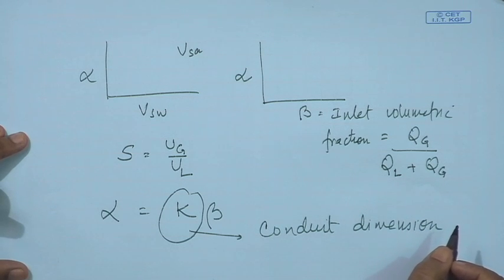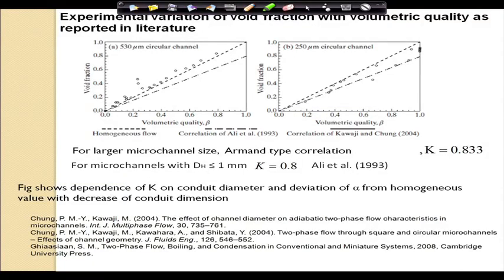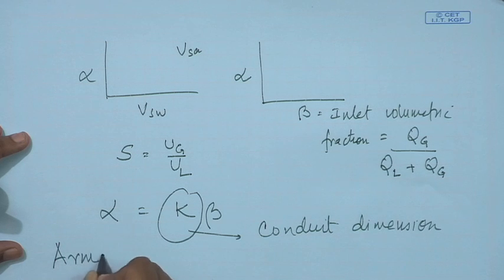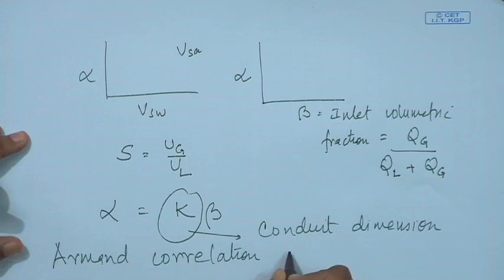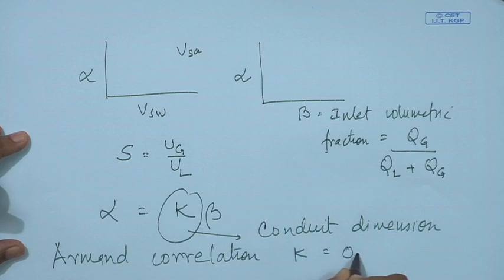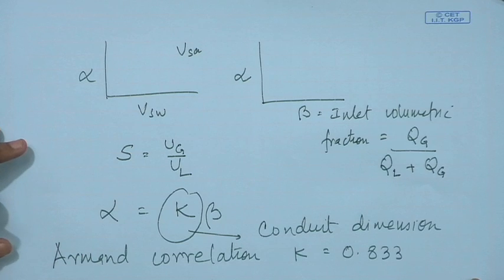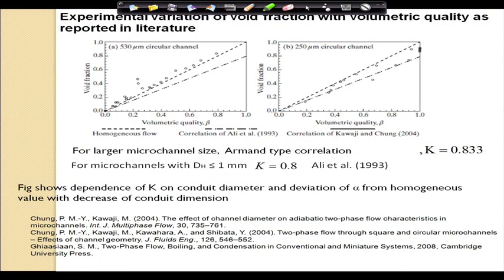Such linear relationships have also been proposed for macro channels. It was first proposed by Armand, so it is known as the Armand type of correlation, with k close to 0.833, and k equal to 0.833 is not a very bad correlation.